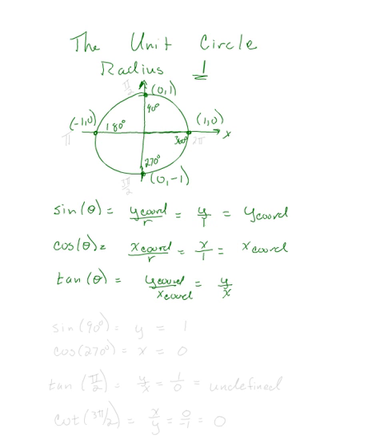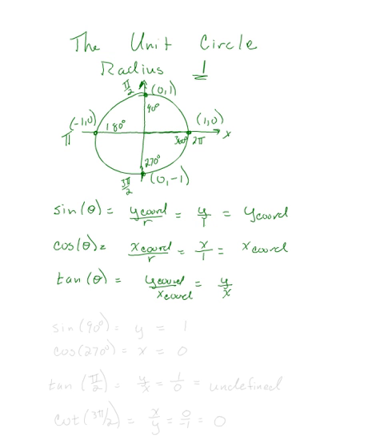If we think about radians instead, of course this is 0, and up here at 90 degrees, that would be pi over 2 in radians. At 180 degrees, that would be pi radians, approximately 3.14 radians. And down here at 270, that's 3 pi over 2 radians. And then back around to where we started again would be 2 pi radians.